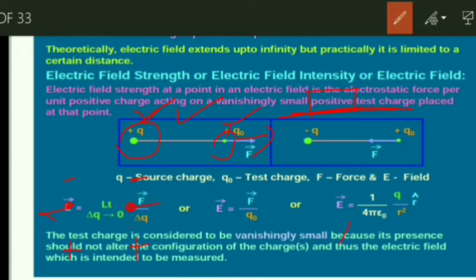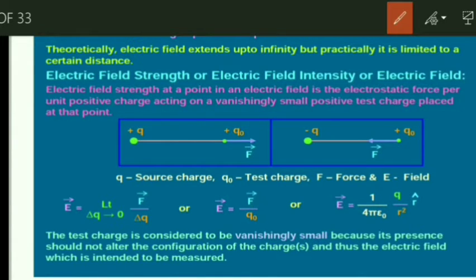In the other case, when the two charges were unlike charges, meaning one is positive and the other negative, then the electrostatic force was not away from each other, but they attract each other. So using this knowledge, we can easily understand what kind of charge is creating the field.